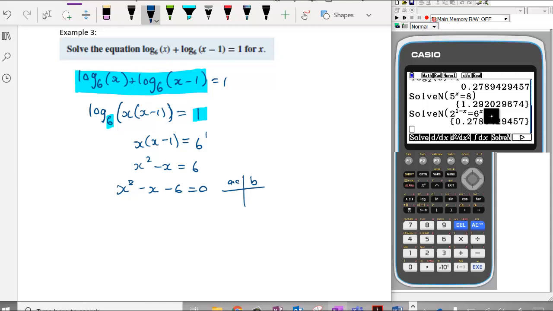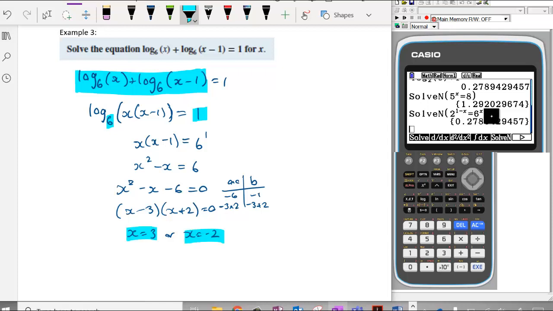Now, a, c, and b, we have negative 6 and we have negative 1. So it must be negative 3 multiplied by 2, negative 3 plus 2. And because it's a monic quadratic, we have x take 3 and x plus 2. Applying that null factor theorem, we end up with x is equal to 3 or x is equal to negative 2 as our solutions.